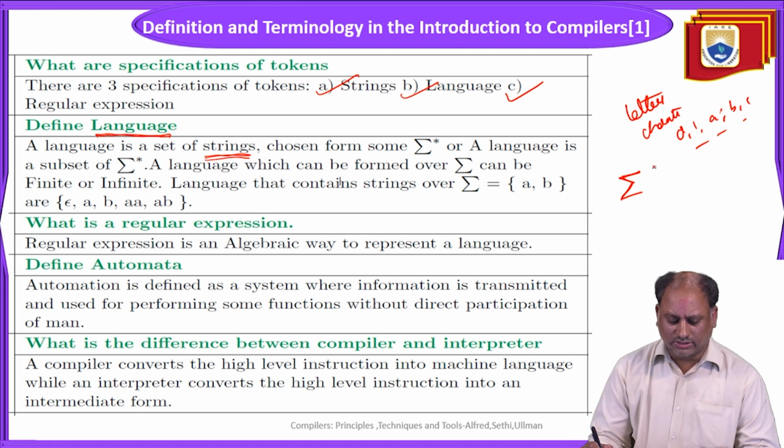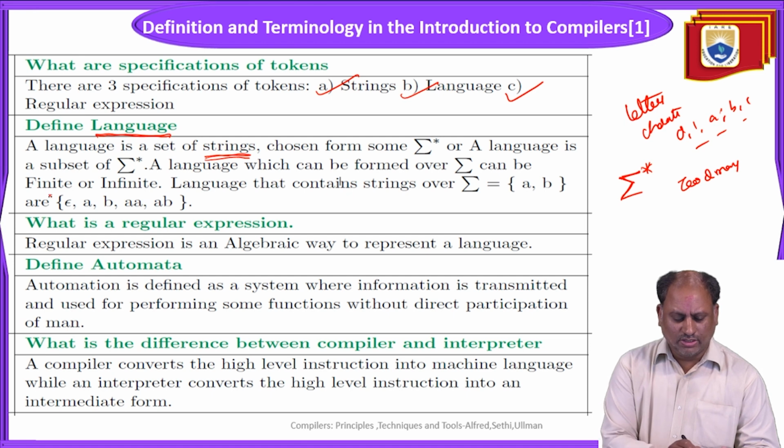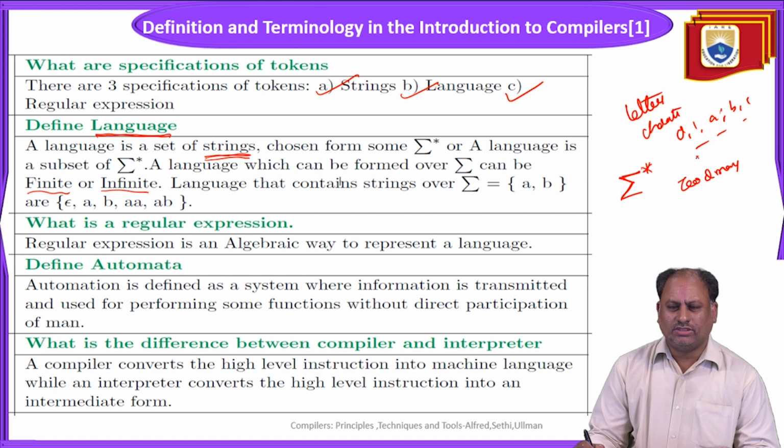Sigma star indicates zero or many elements that are to be processed over sigma. So here sigma can be finite or infinite. That means it can be limited, or many, meaning several.